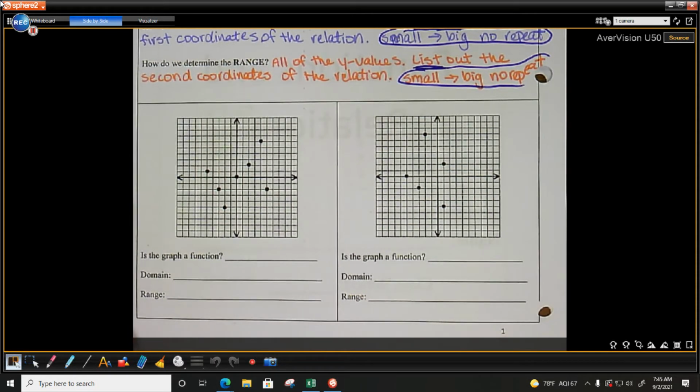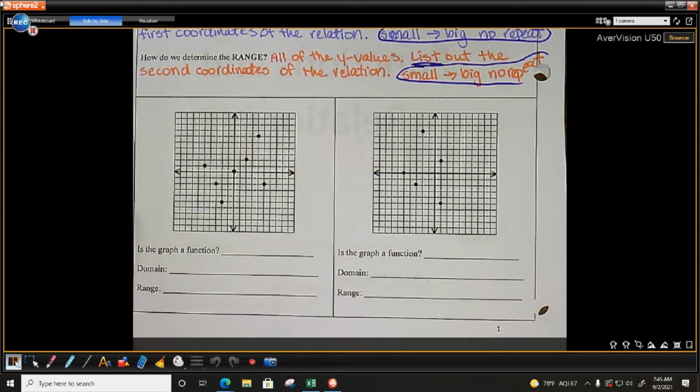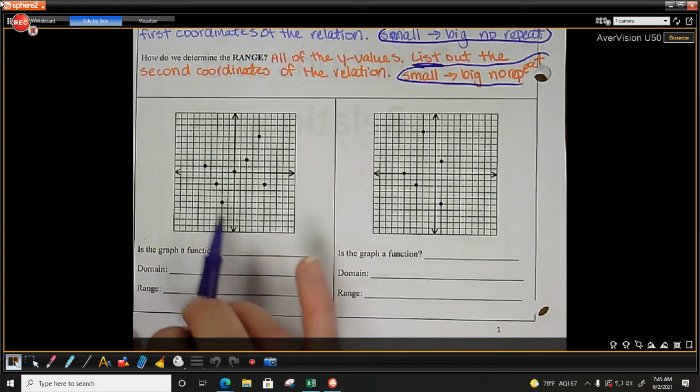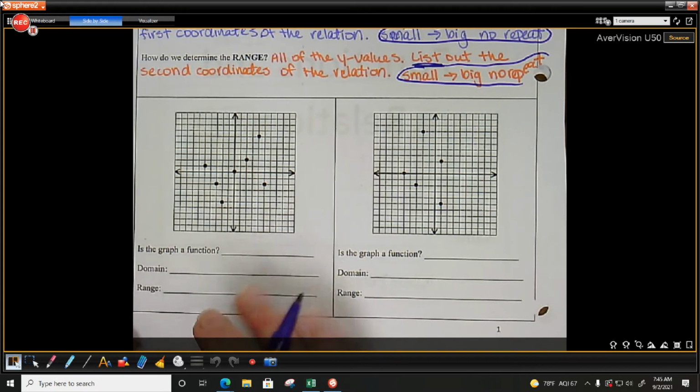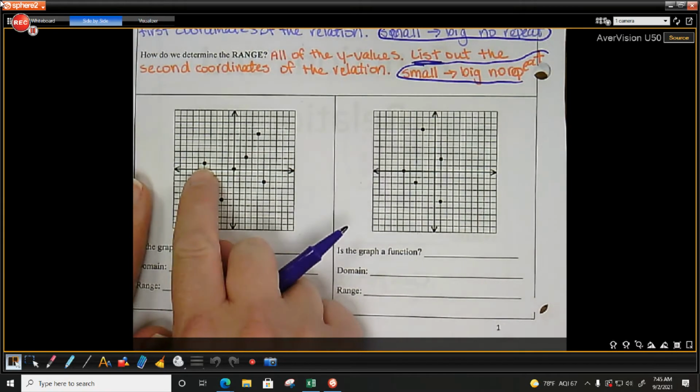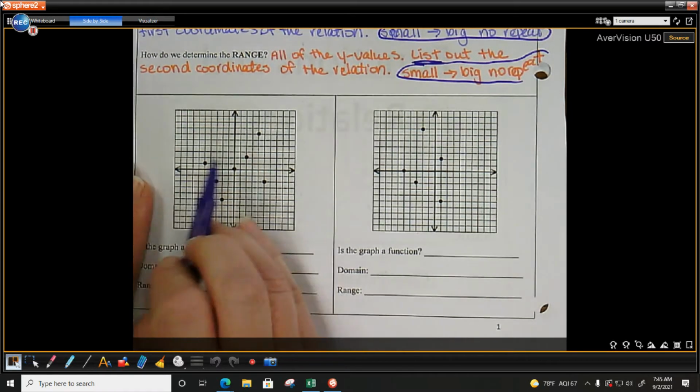I don't see any actual values. So anytime you're given, what kind of graph is this if it's just dots? Discrete. If you're given a discrete graph, write out the ordered pairs of your points. So looking at this point, what is the ordered pair?